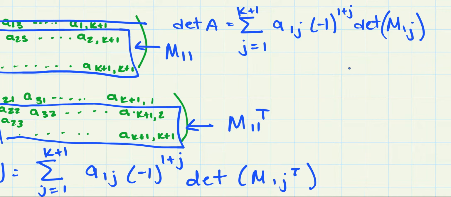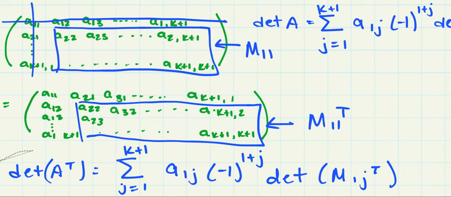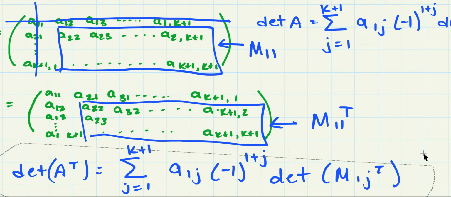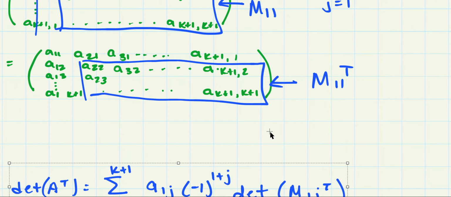Okay, but the matrix M1j is a k by k matrix. So let me actually put this lower down so I can put them both together.